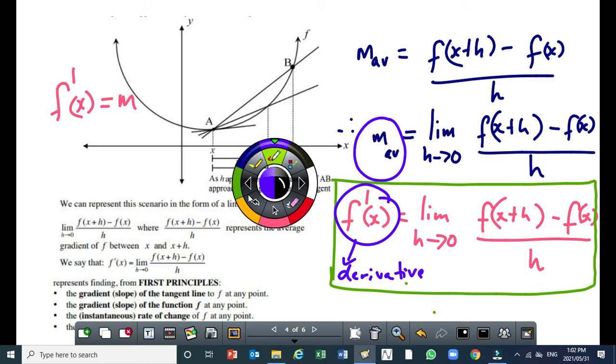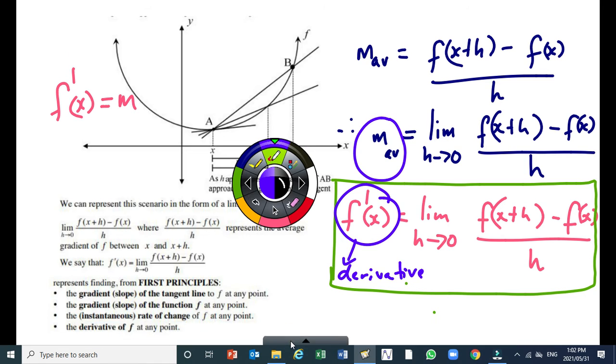It has got many names, so we can call it the derivative of f. We can call it the gradient of the tangent line. We can also call it the gradient of the function, and it is also called the instantaneous rate of change of f at any point. It is also called the definition of a derivative from first principles.